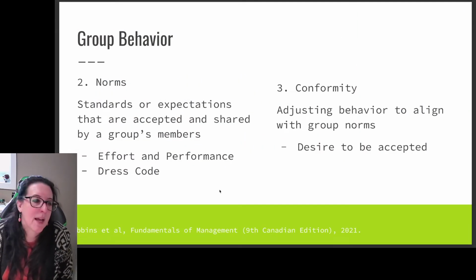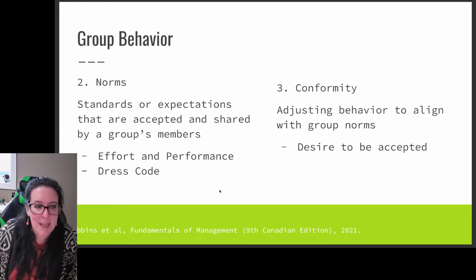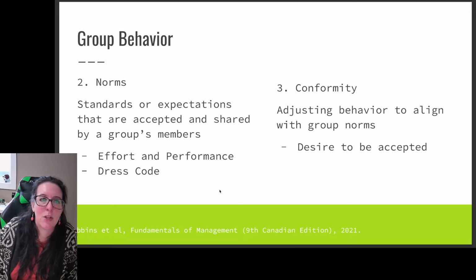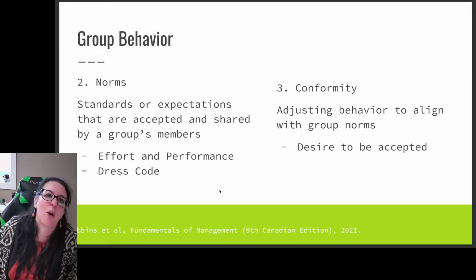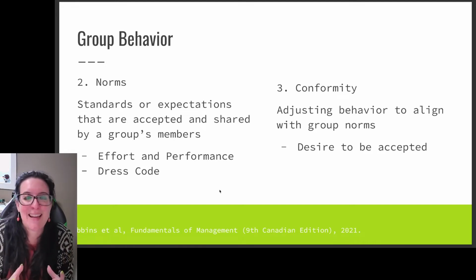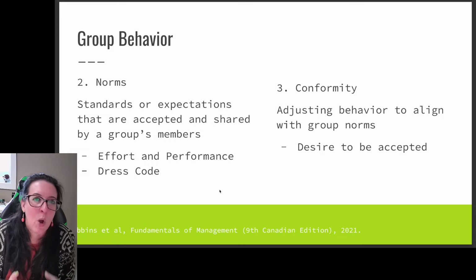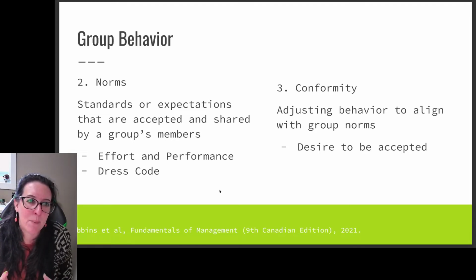In terms of the second aspect of team behavior, the second one is norms. So when you have a team, there are standards or expectations that are accepted and shared by the group members. So when we look at building a team, these are the expectations set by the rest of the team. What are we expecting from the team members in terms of the amount of contribution or effort that each team member provides?